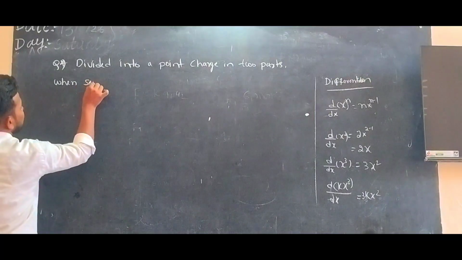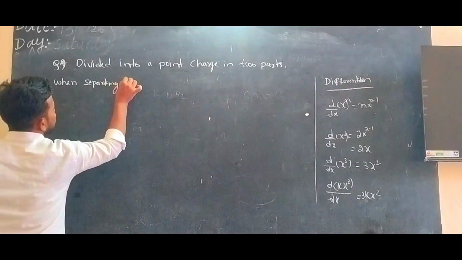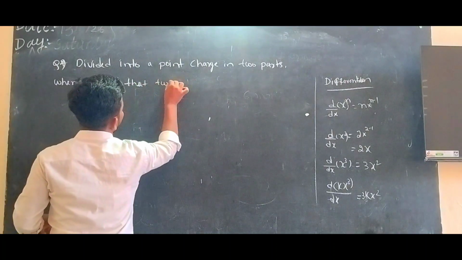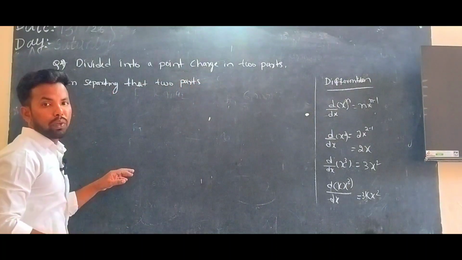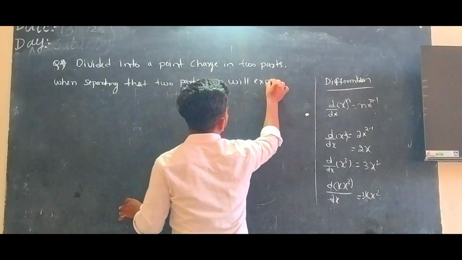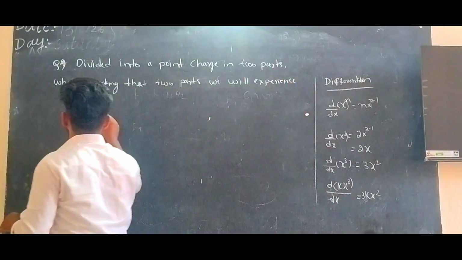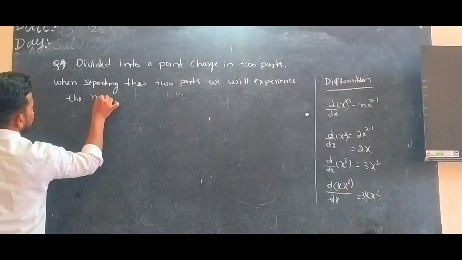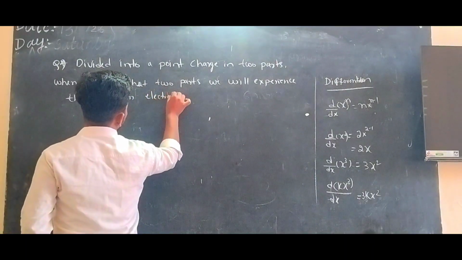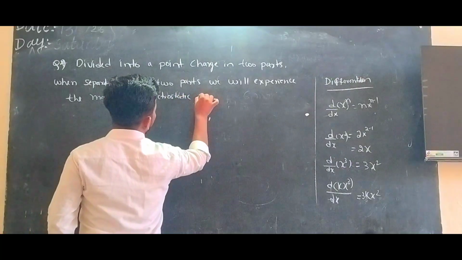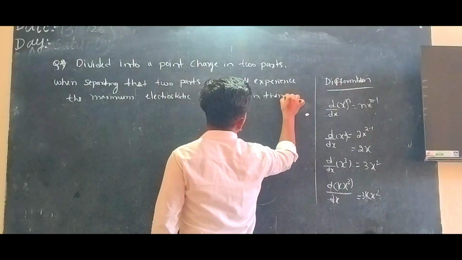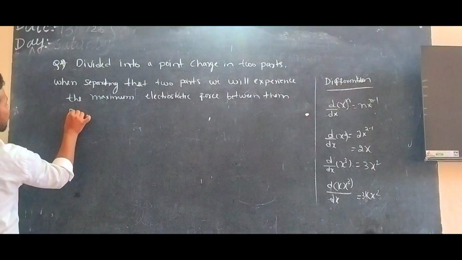When we separate the two parts, they experience the maximum electrostatic force between them. Find the two charges.